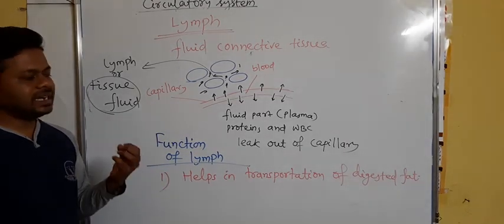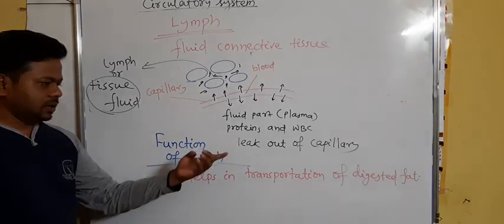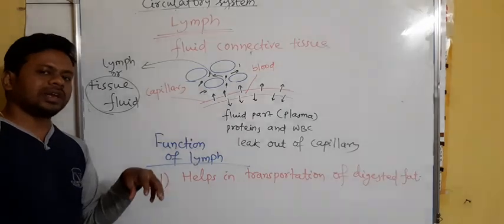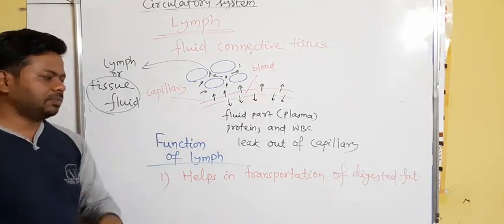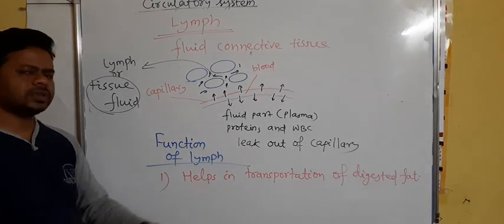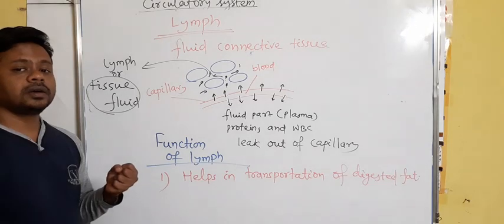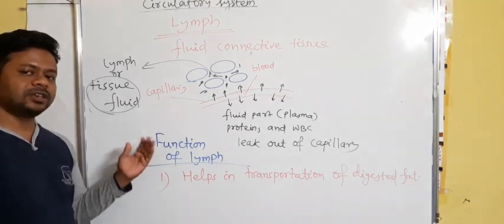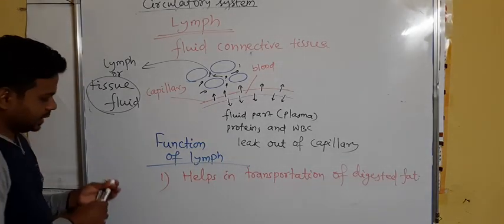The fatty acids and glycerol are not directly absorbed into the blood. The digested fat, the fatty acids and glycerol, first goes to the lymph through the lymph vessel, and then it passes to the blood. So direct absorption of fat does not take place from the small intestine to the blood. First it goes to lymph, then to blood.